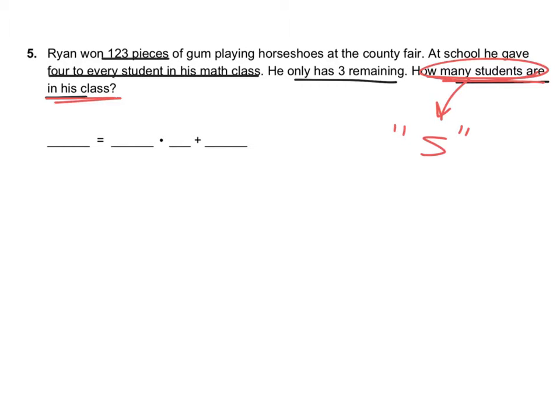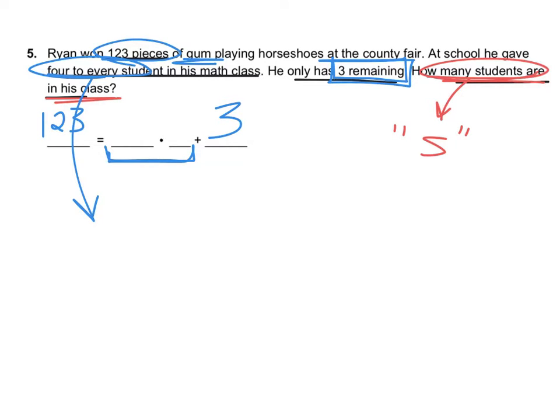Now we're going to reread, and we're going to figure out what was the total in this situation. Well, the total pertaining to the gum was 123 pieces. So Ryan had a total of 123 pieces. We currently know that he only has 3 pieces remaining. So we need to figure out how many pieces did he give away. Well, it says he gave 4 to every student. If we see again that word every, we are going to think multiplication, right?